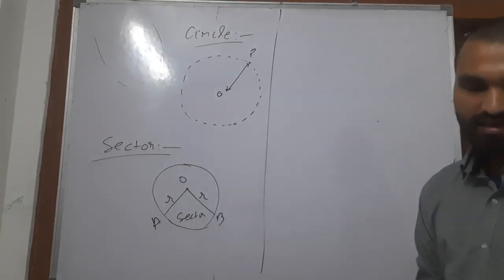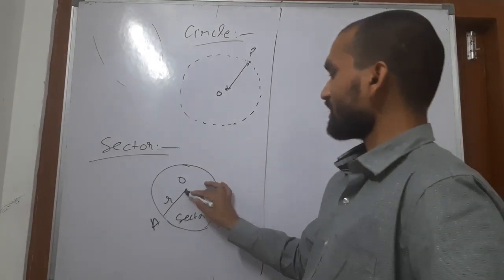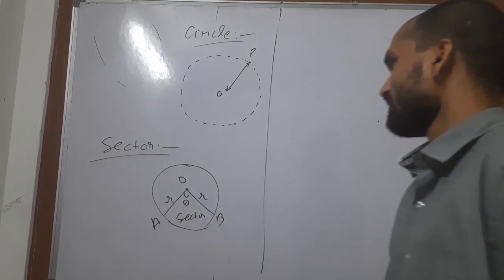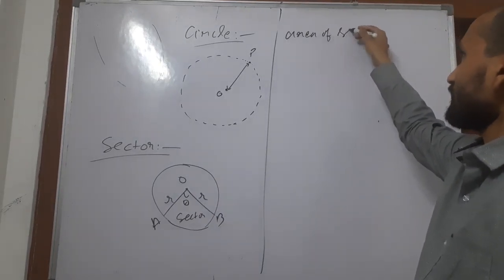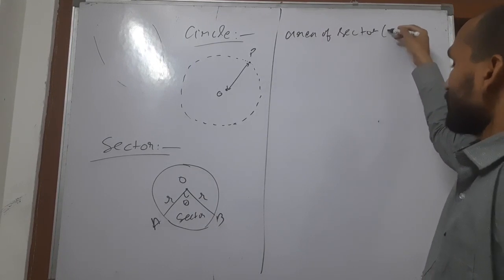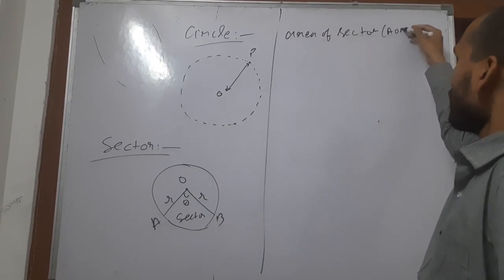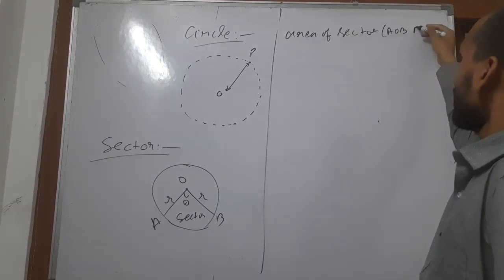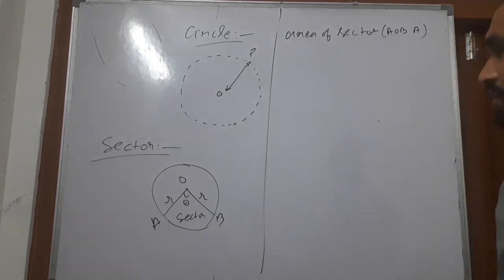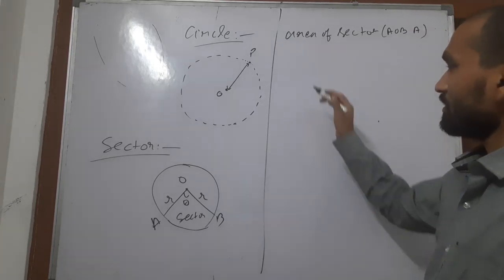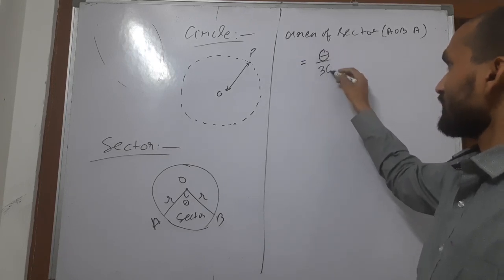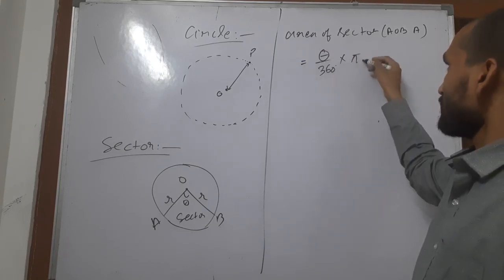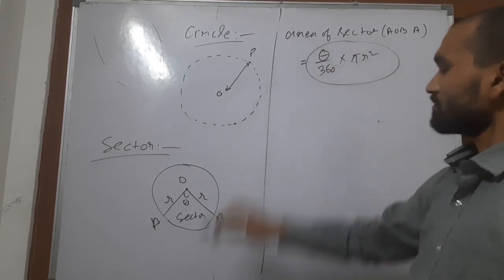Now we should discuss area of sector. Let us say this angle is theta. What will be the area of the sector AOBA? Area of the sector will be theta by 360 into pi r square.